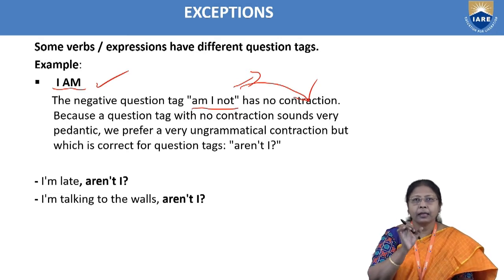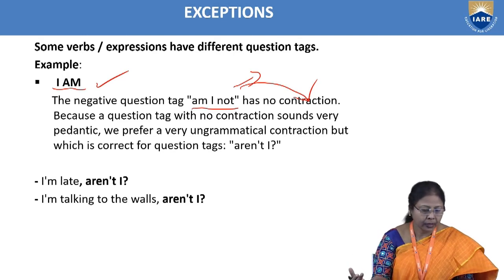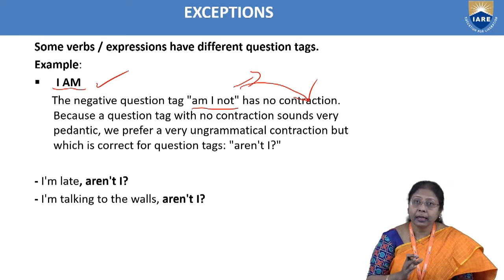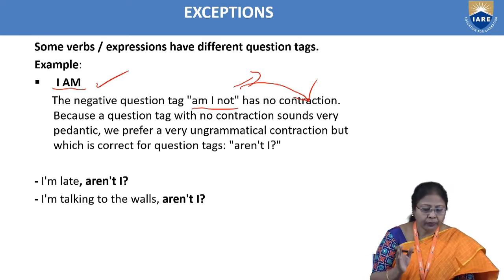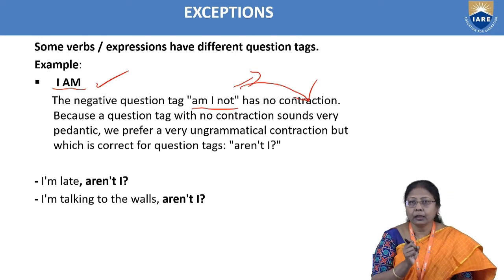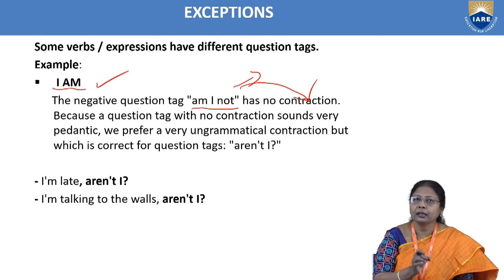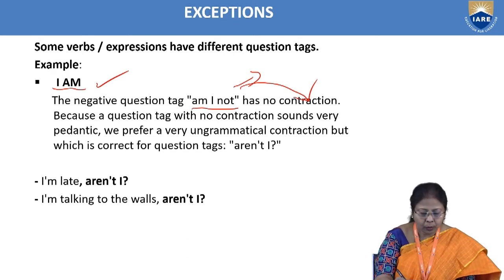So this is an exceptional form where we have to use it in a different way. Because this tag has no contraction at all, we prefer an ungrammatical contraction, but it is correct in the question tag. So what do we use?